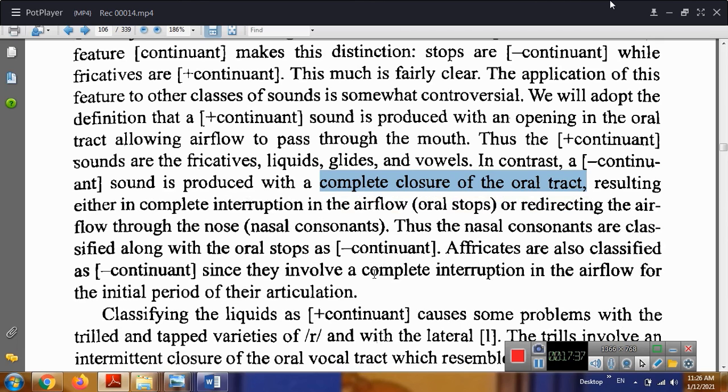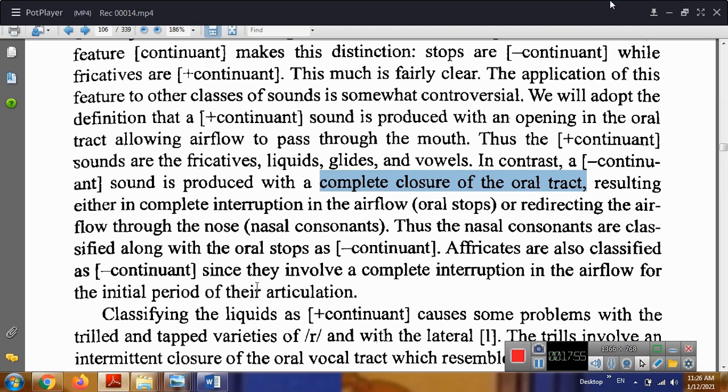Both the nasal, like n, m, and the oral stop, like p, b, are considered minus continuant. Thus, the nasal consonants are classified along with the oral stops as minus continuant.